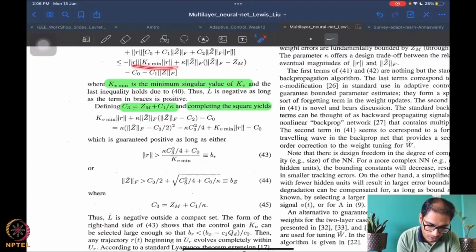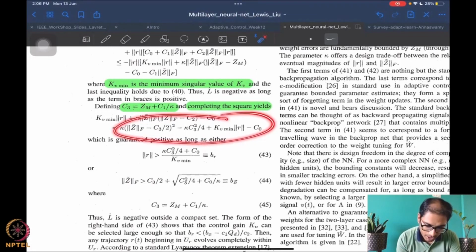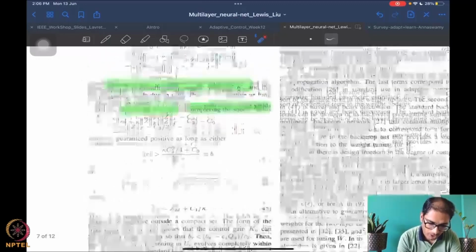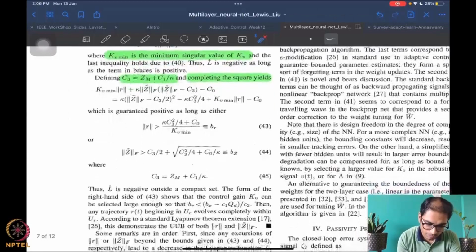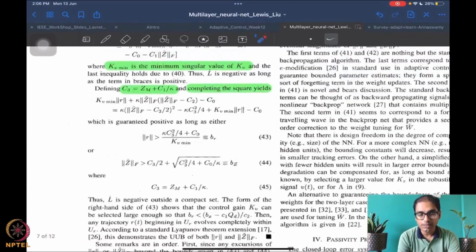So this term is this guy, and here is what you have here. You nicely break it into these pieces, and this is where you do a standard completion of squares in order to get your residual set bound.